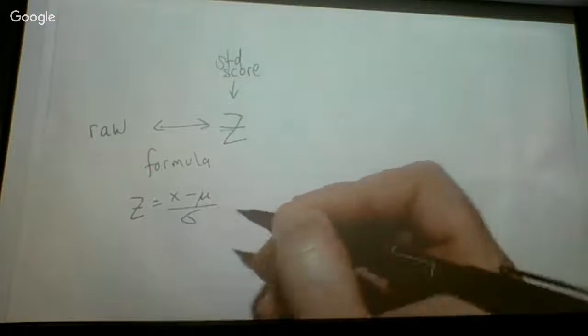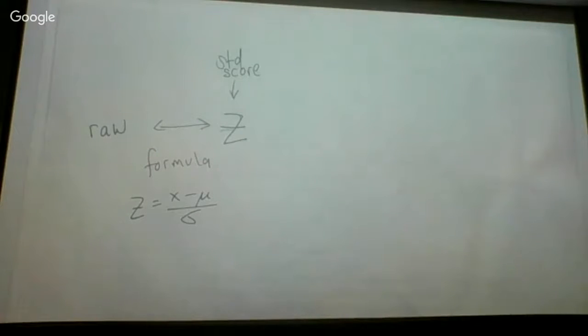A raw score. Yeah, I can convert a raw score to a z-score using a formula. What formula is that? How do you calculate a z-score? Tiffany? X minus mean over standard deviation. Yeah, x minus mean over standard deviation.